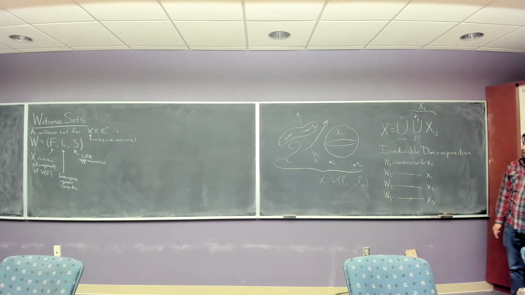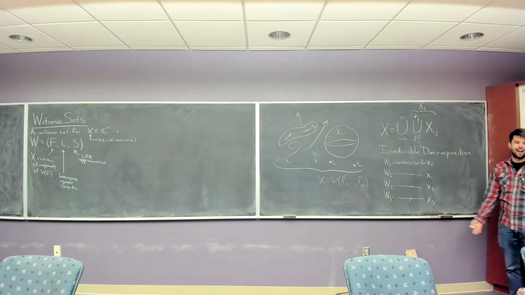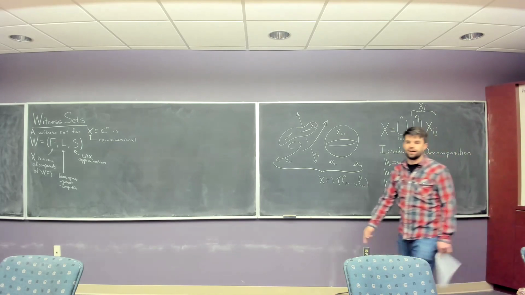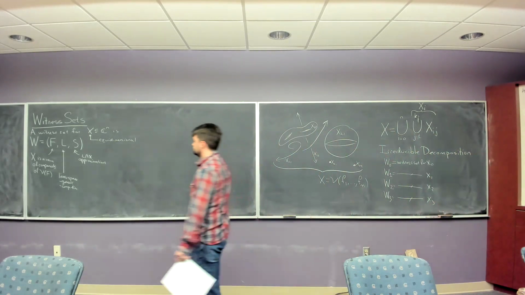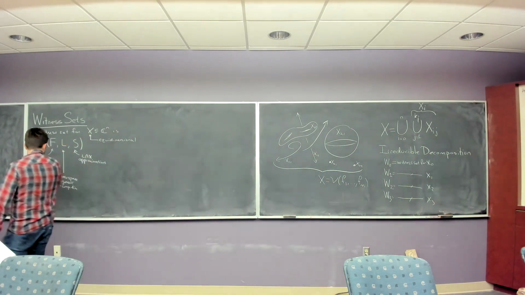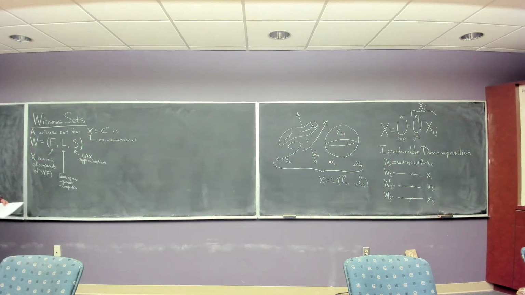I could represent this variety simply by representing every equidimensional part of the variety. I can't do it all at once because I'm going to need different L's. That's one reason I can't do it all at once.